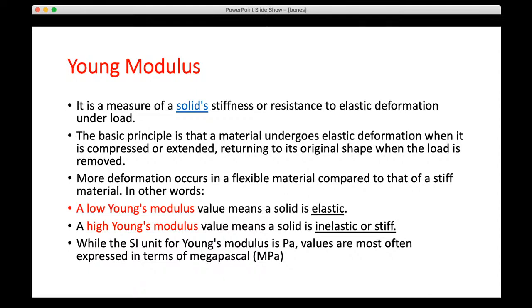So bones have high Young's modulus values. That defines that they are very stiff and they don't have much elasticity. The SI unit of Young's modulus is the pascal, and we usually measure it in megapascals or gigapascals depending on the value. So this is all about Young's modulus.